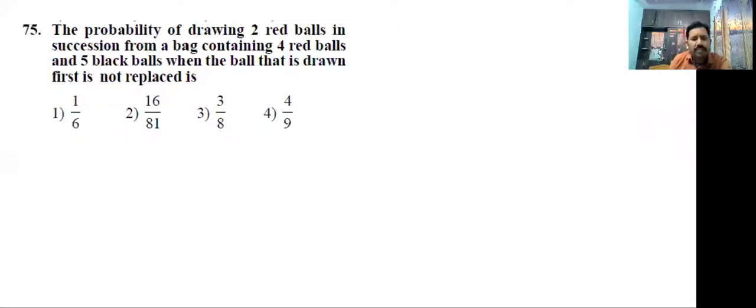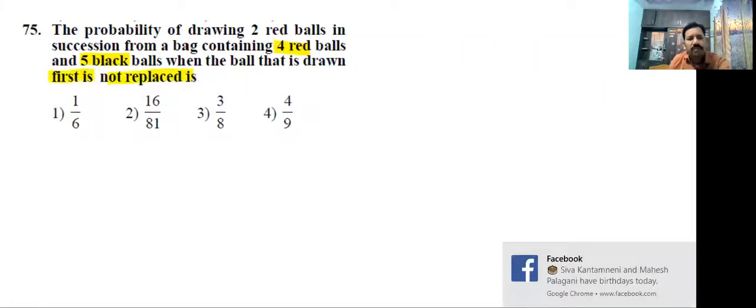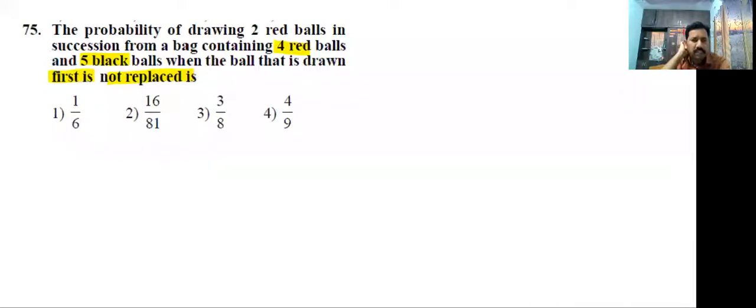The probability of drawing two red balls in succession from a bag containing 4 red and 5 black balls, when the ball that is drawn first is not replaced. Not replaced means without replacement. We want to draw two red balls in succession, first one ball, next another ball.